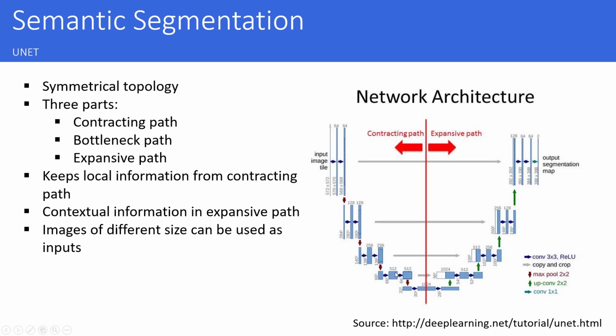And then you kind of unpool the information with some reverse functions at the right-hand side. So this algorithm is able to keep the contextual information in the expansive path. Another good feature of this algorithm is that images of different sizes can be used.